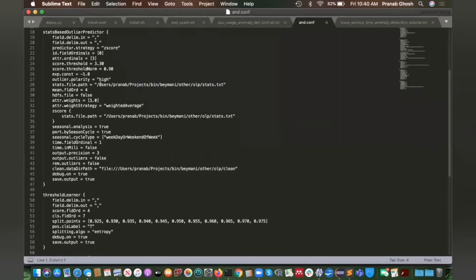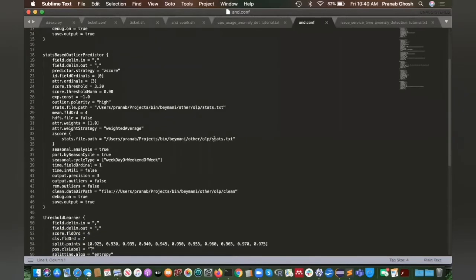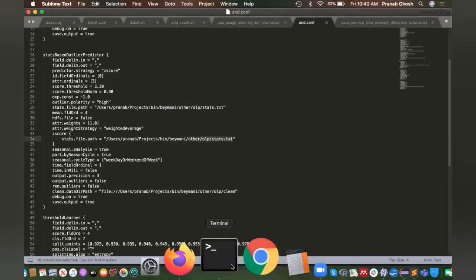It does require a stats file, which is the output of this job, which has the mean and standard deviation for all those 8 models. 4 servers, and then 2 models for each server. One for weekdays and one for weekends. So we can take a look at this.